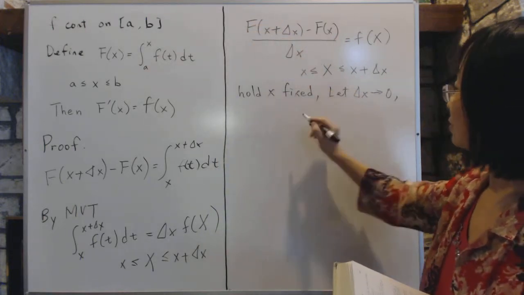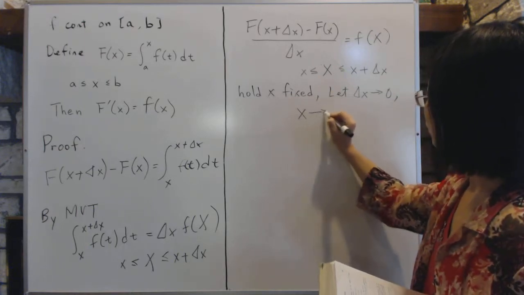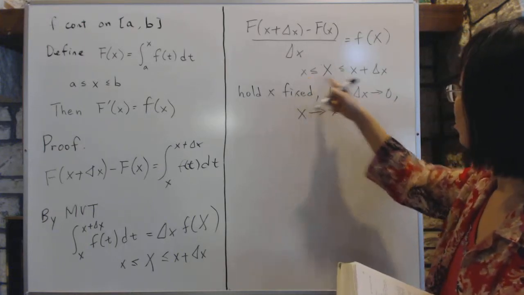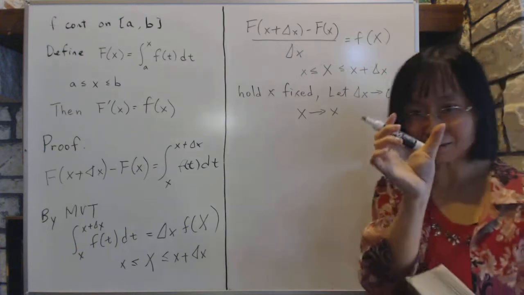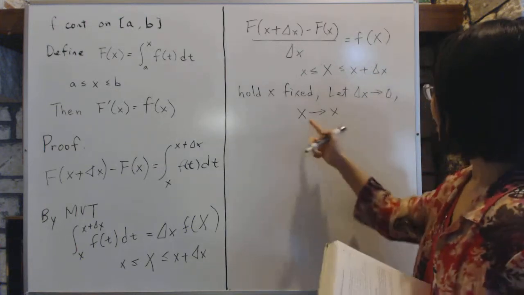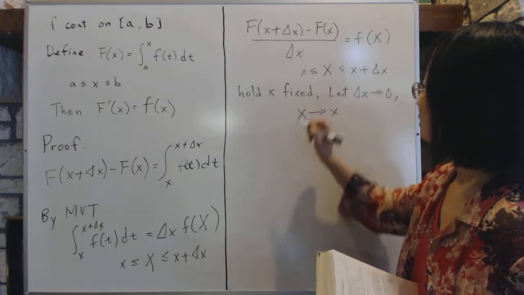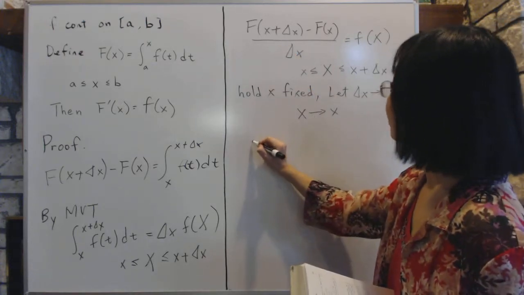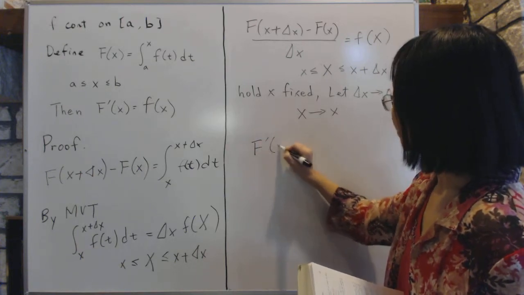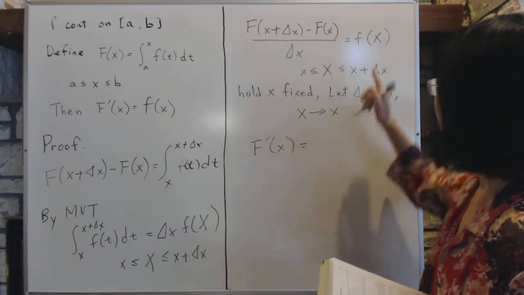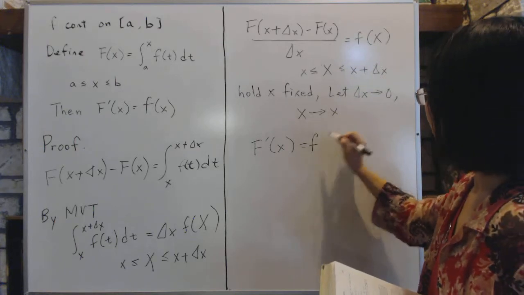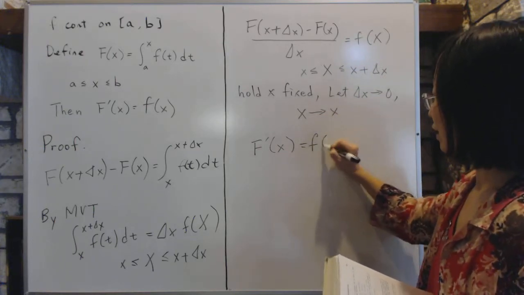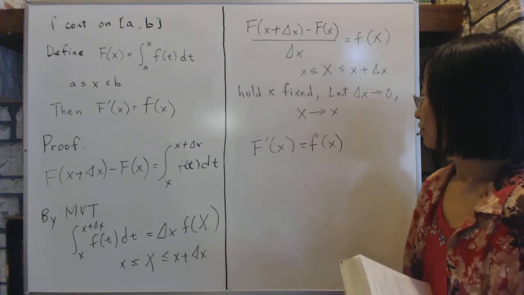More importantly, big X will go to small x because big X is limited between them. As Δx goes to 0, big X is squeezed into small x. So the left side becomes F'(x), equal to the right side, f of big X, which becomes f of small x.